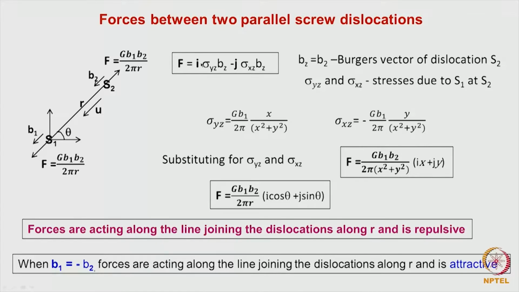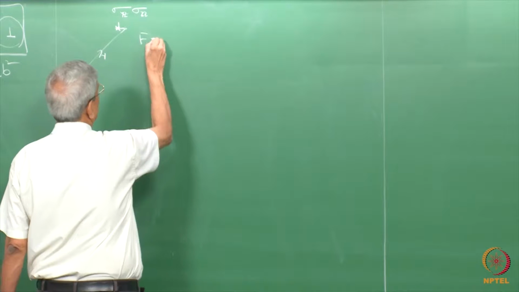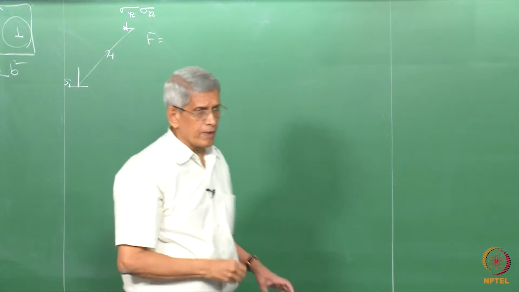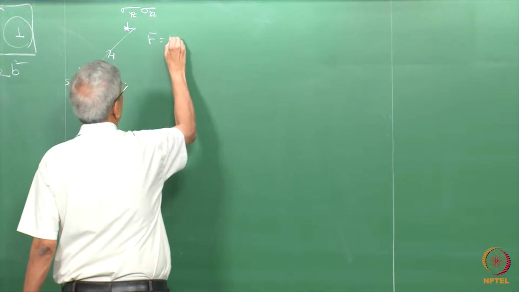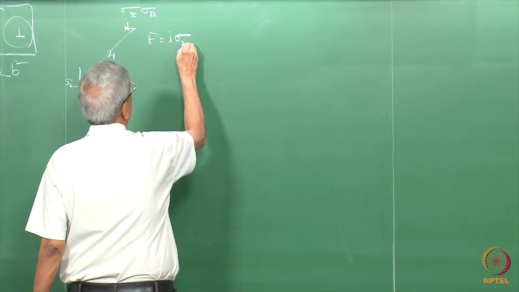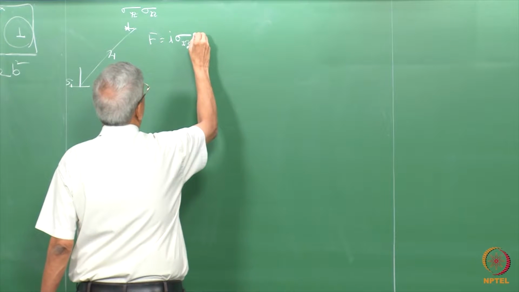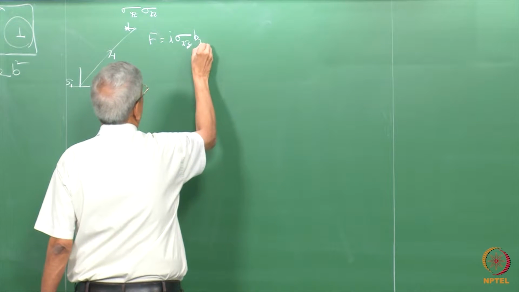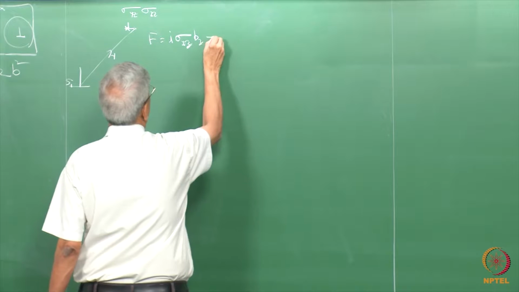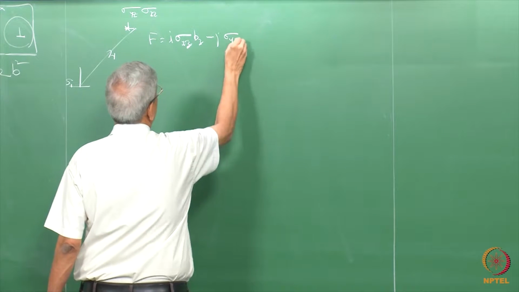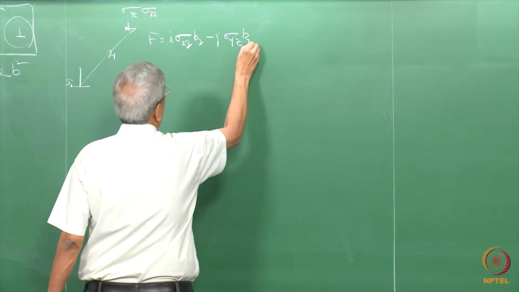So sigma YZ and sigma XZ are essentially the stress which the first dislocation is going to exert here, and in this expression F is equal to sigma XZ into BZ minus J into sigma YZ into BZ.